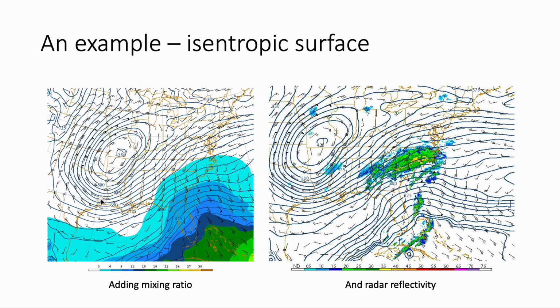Another useful piece of information, if you want to know what's going on, is adding, in this case, the mixing ratio of water vapor on the isentrope. And notice that there's a pretty high mixing ratio over here, and this water vapor is being advected into this region.